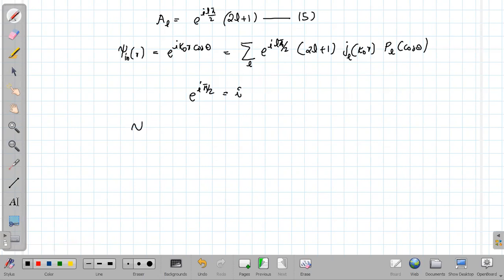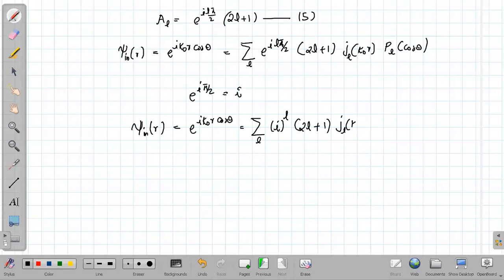Hence the incident wave function psi_in of r, which is e raised to i k0 r cos theta, can also be written as sum over L, where the first term is simply i raised to L, times (2L plus 1) J_L of k0 r, P_L of cos theta. Okay, so we have expanded the incident wave function in terms of the spherical Bessel function and the Legendre polynomial P_L of cos theta.